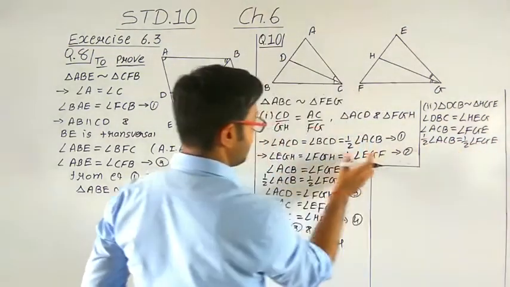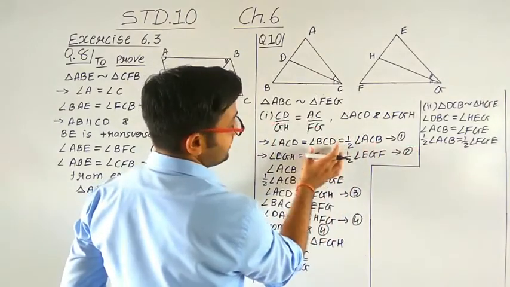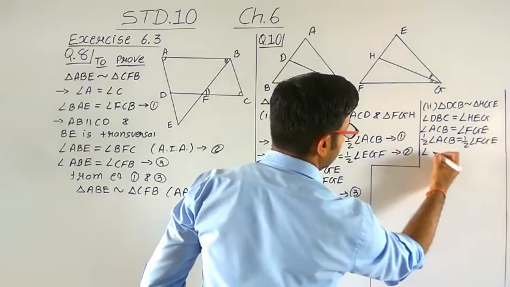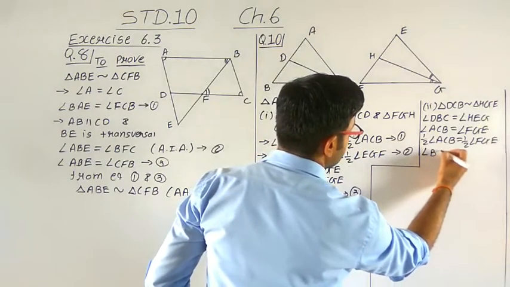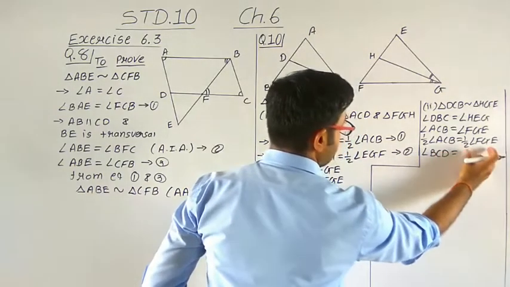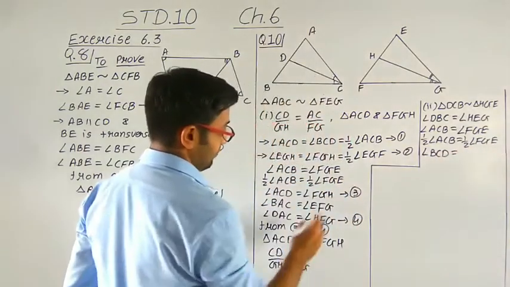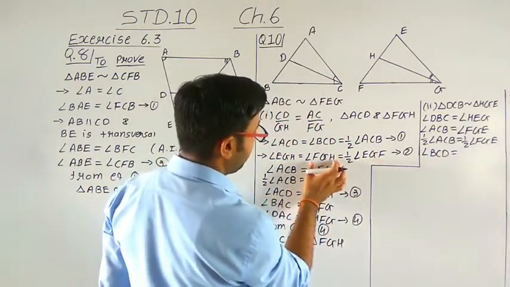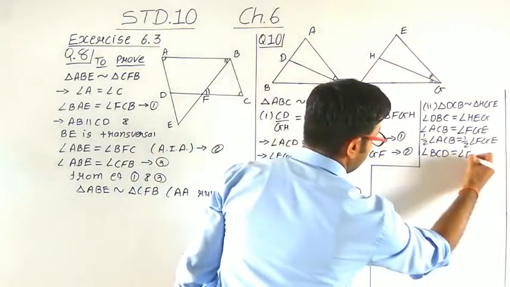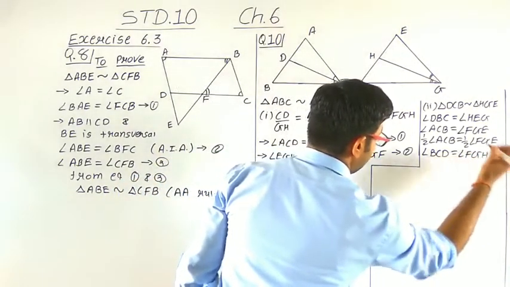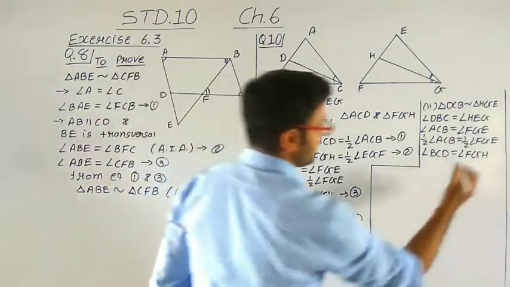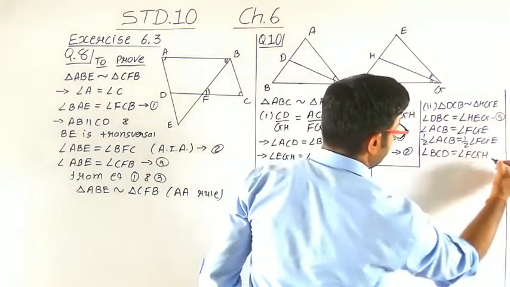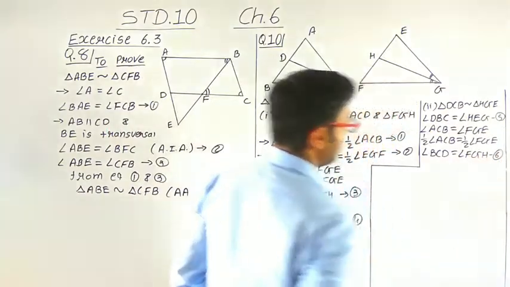So one half of ACB we can take as angle DCB, right? And one half of FGE we can take as angle HGE. Let this be equation number 5 and this equation number 6.